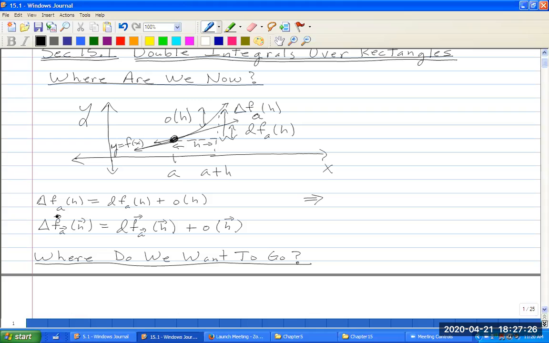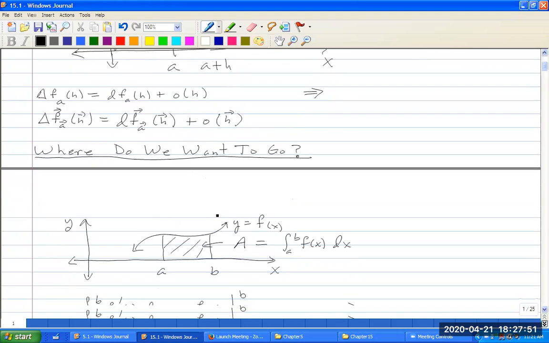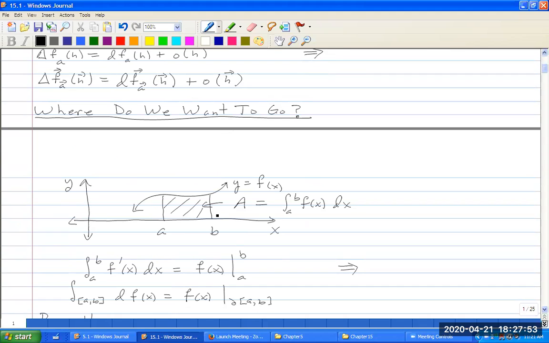So that was our concept of the differential, and we did a whole bunch of work trying to realize what that definition meant.